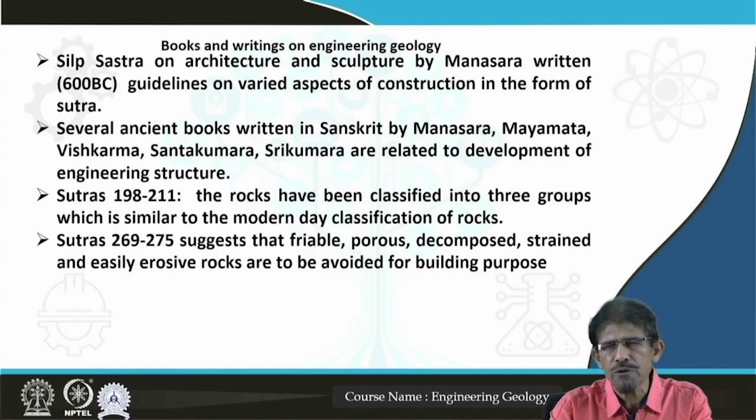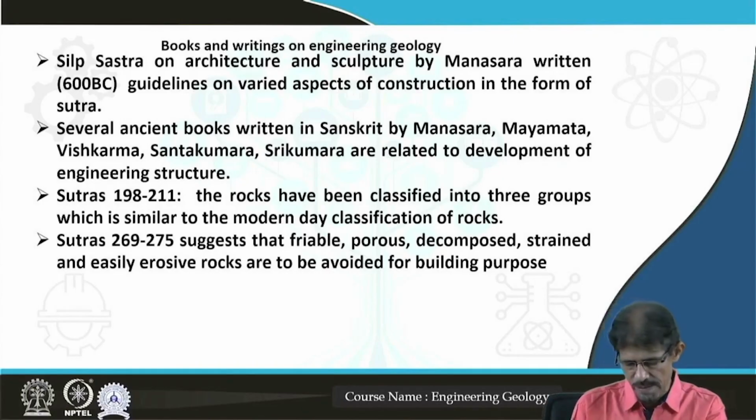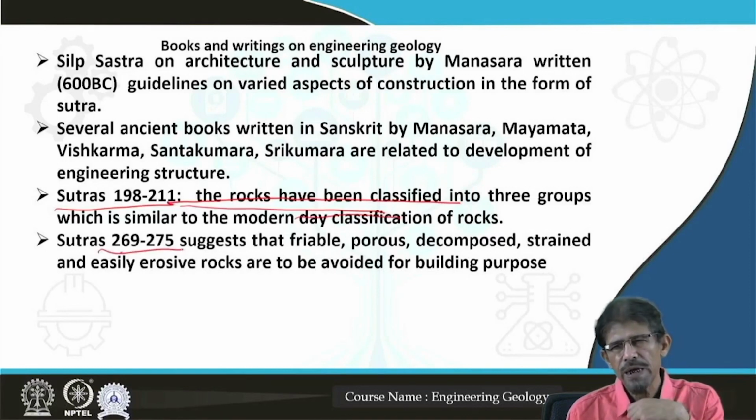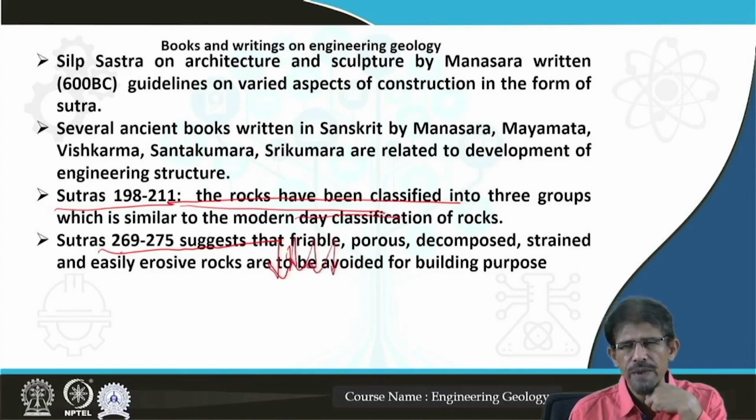For example, sutras 198 to 211 are related to classification of different types of rocks in view of their durability. Next, sutras like 269 to 275 represent durability, strength, porosity and others based on the sound after hammering.